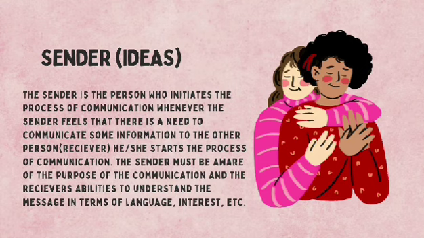The sender must be aware of the purpose of the communication and the receiver's abilities to understand the message in terms of language, interest, etc. For example, let us consider a project manager, the sender, who is to convey the message that the deadline has been changed to his or her team.